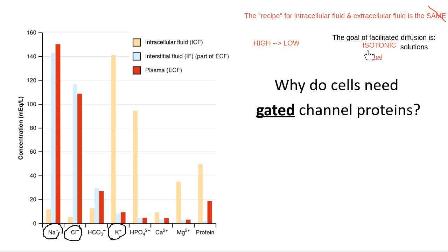The goal of facilitated diffusion is isotonic solutions. If I let my transport proteins do the process of facilitated diffusion without stopping them, without checking them, I would end up with isotonic solutions, solutions that are equal or the same.